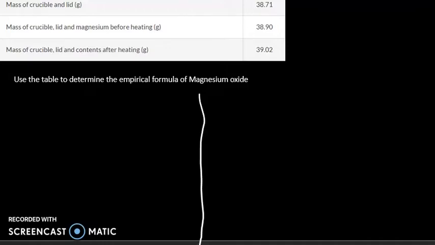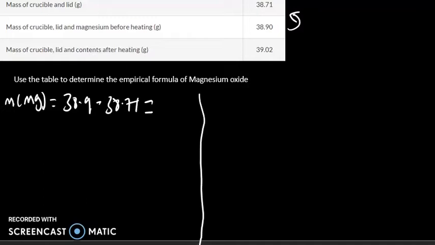So in order to find the empirical formula, first of all we need to know the mass of both magnesium and oxygen. The mass of magnesium is this minus this. Before heating, minus when there was nothing in the lid, so that would be 38.9 minus 38.71, so that will give you 0.19 gram.